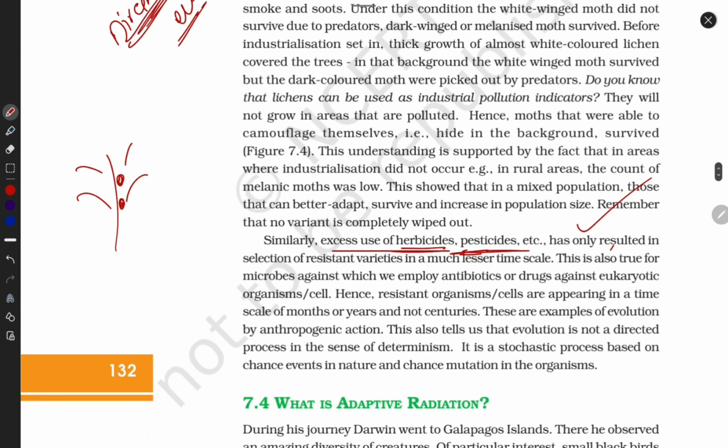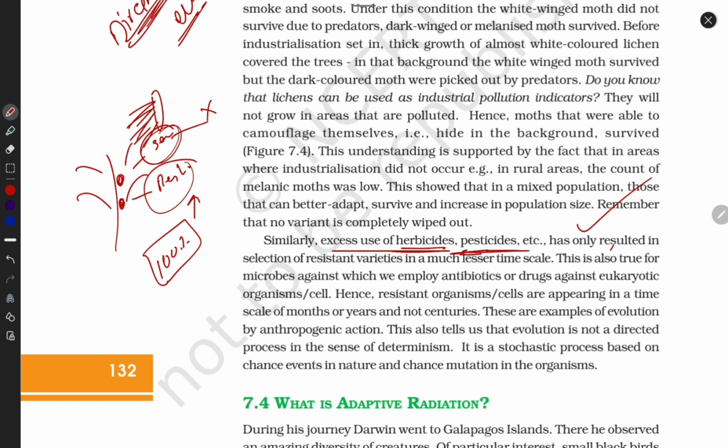When we spread herbicides and pesticides, the sensitive ones are affected, but others get resistance. So 100% no one can kill bacteria, they adapt themselves, they advance their features. Okay, understand? I think this is too much.